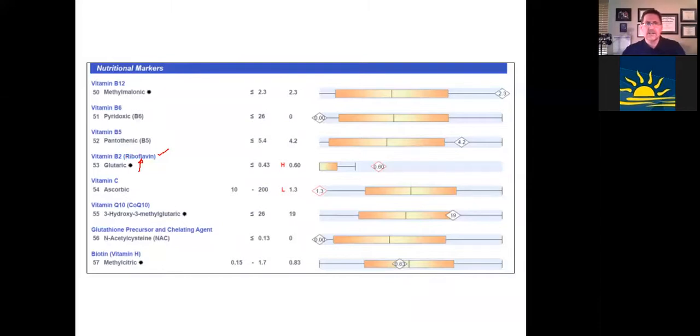But it's interesting that you'll commonly see glutaric levels elevated when arabinose levels are high, or some of the other yeast markers are high too. And I think the reason that's happening is that these yeast organisms, when they metabolize glucose, form a chemical called acetaldehyde.